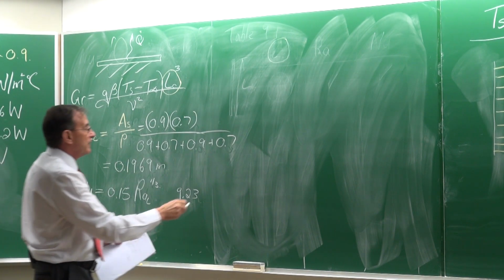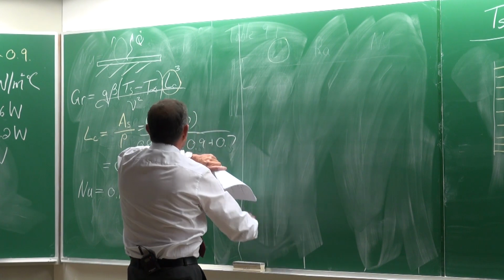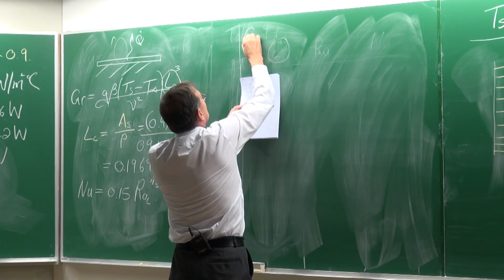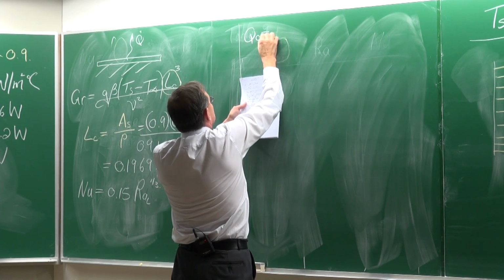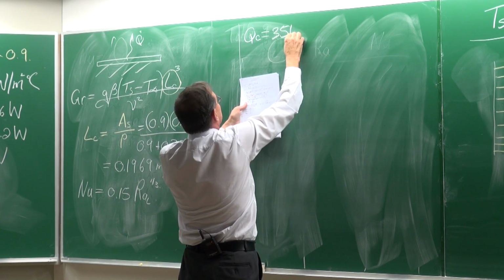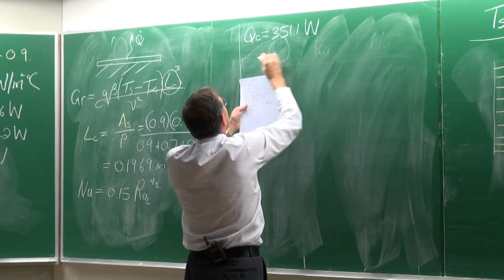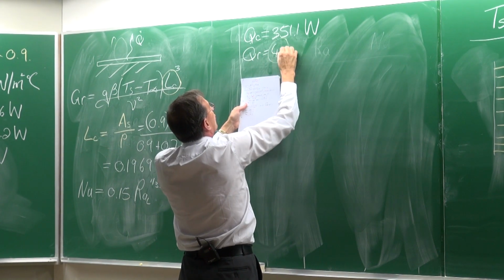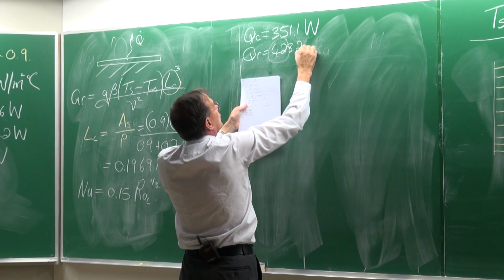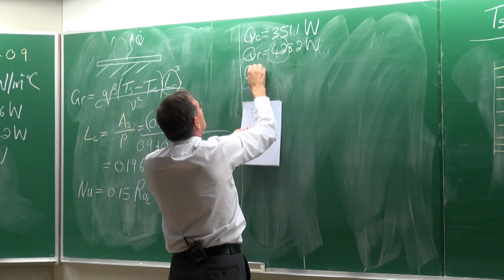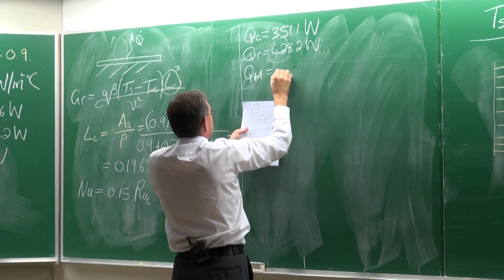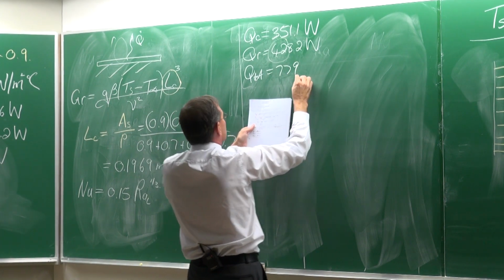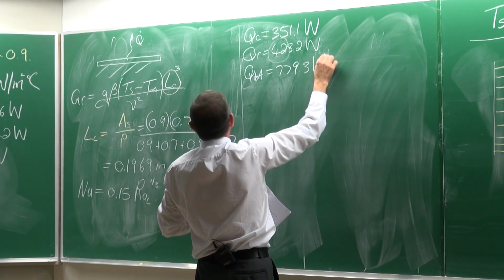Okay, you can go through all the calculations. I'm not going to have time to do it. The convection heat transfer is 351.1 watts. The radiation heat transfer is 428.2 watts. And the total heat transfer rate is then equal to 779.3 watts.